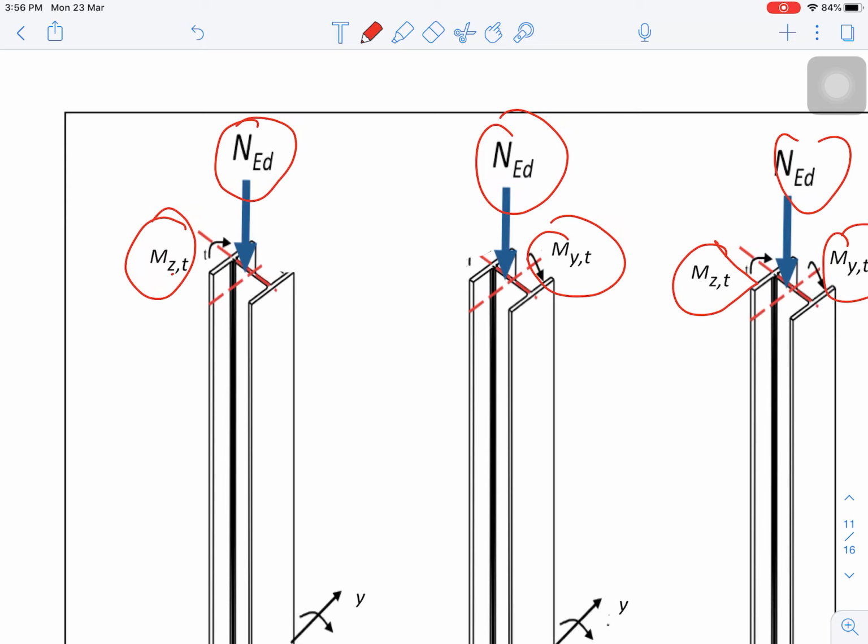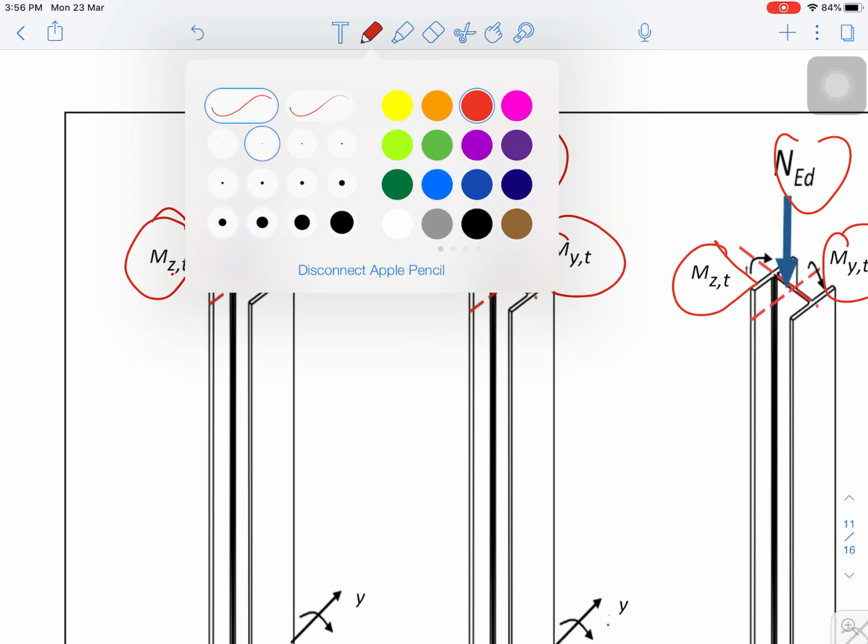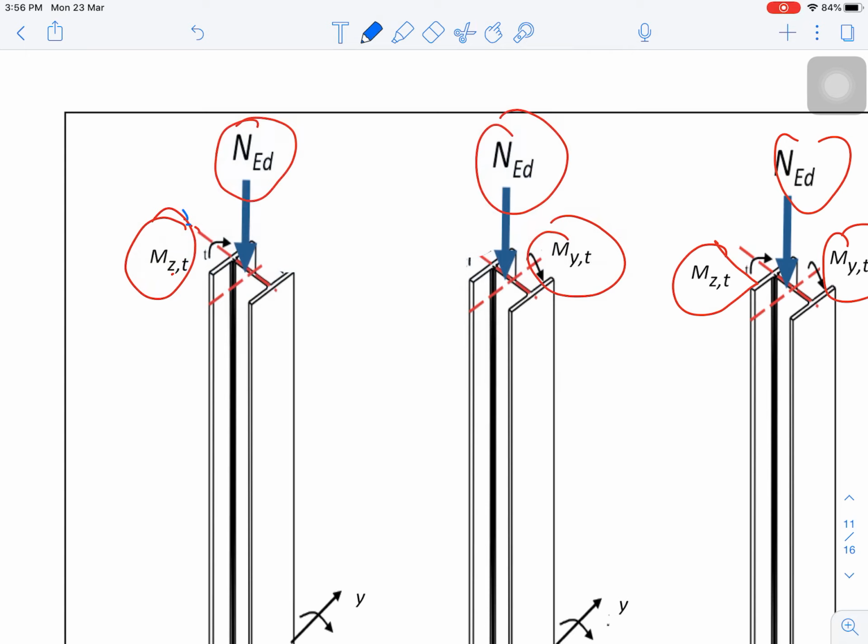So why is this the Z axis? It is based on this particular axis there. So this is the Z axis, and this one here is the Y axis.